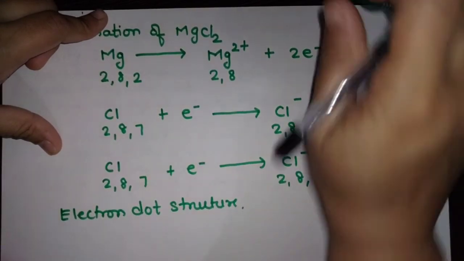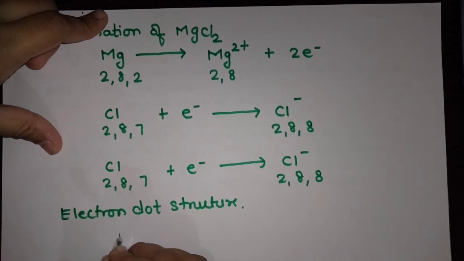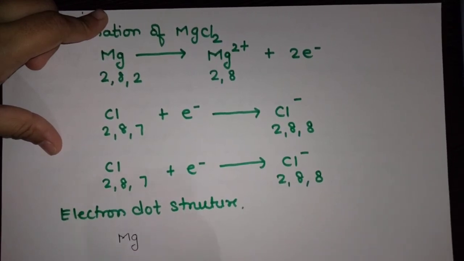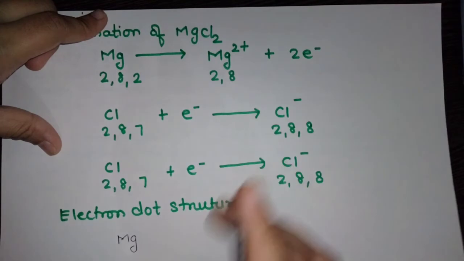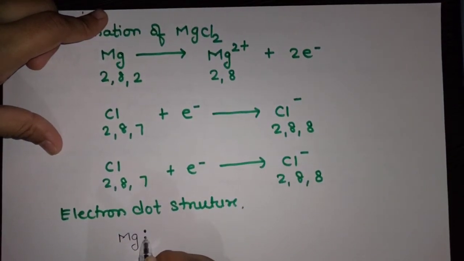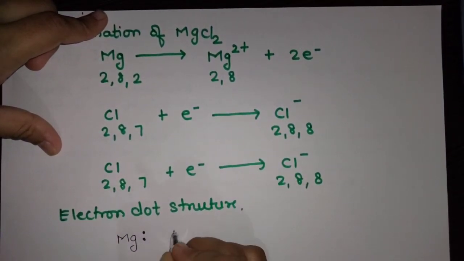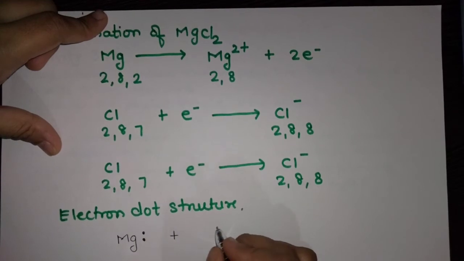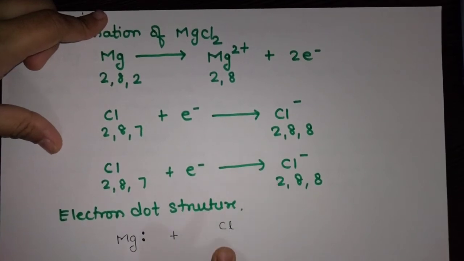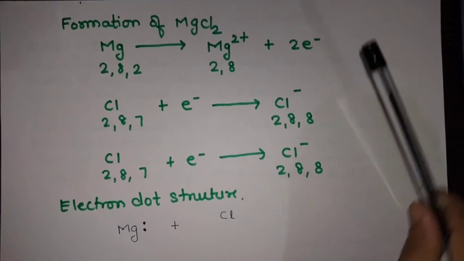In the case of Mg, how many electrons is it losing? 2. So we will write 2 electrons here. What about chlorine? We will write chlorine and mention the electrons.